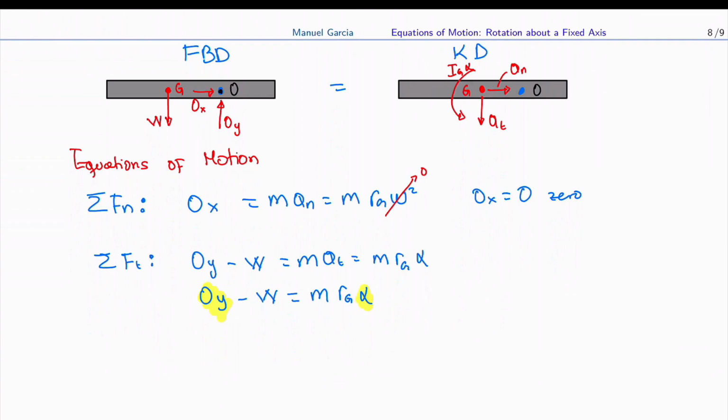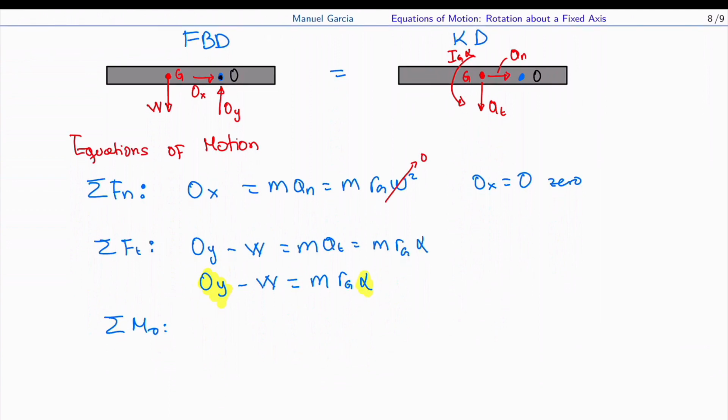So the equation of the moments. We have the sum of the moments at O. So what moments do we have? On the left hand side, we have the moment produced by the weight. So we have the weight multiplied by Rg, because that's the distance. This is Rg.